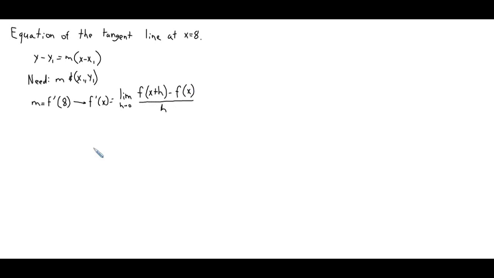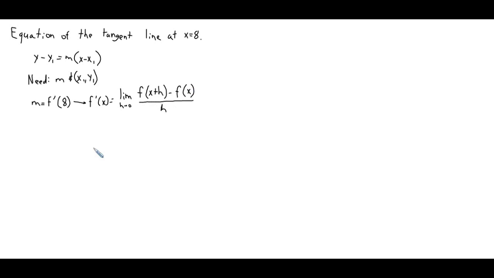Now we just need our point x1, y1. And we know that the tangent line intersects the function at one point. And specifically, since we're finding the tangent line at x equals 8, we know that the tangent line intersects the function at x equals 8. So since it intersects the function, the y value of the function is going to be the y value of the tangent line, because that's what intersects means, right?